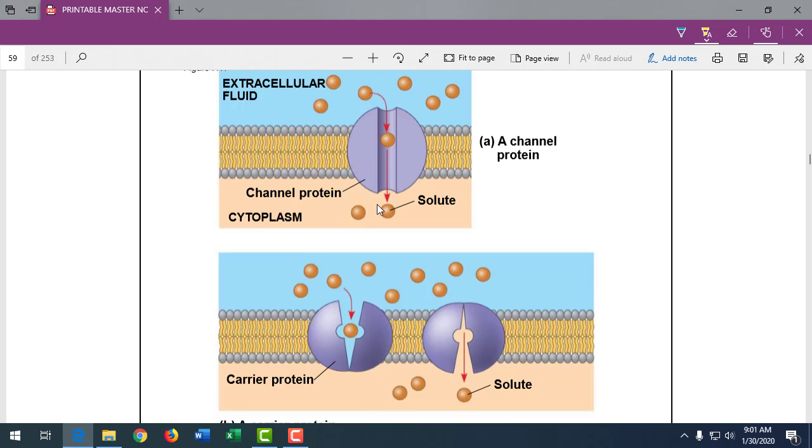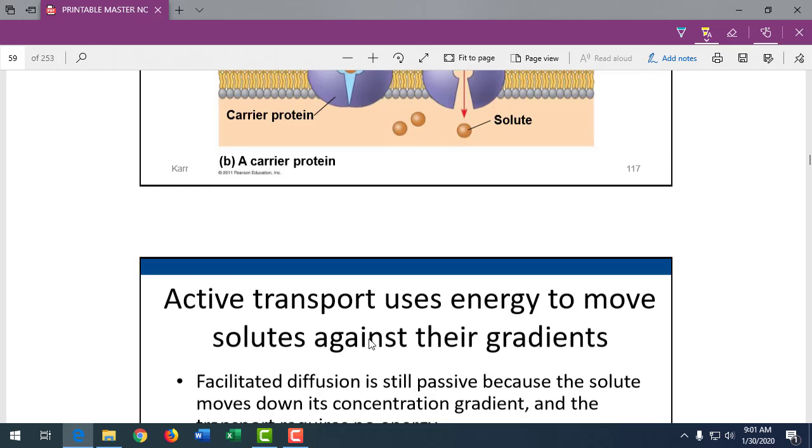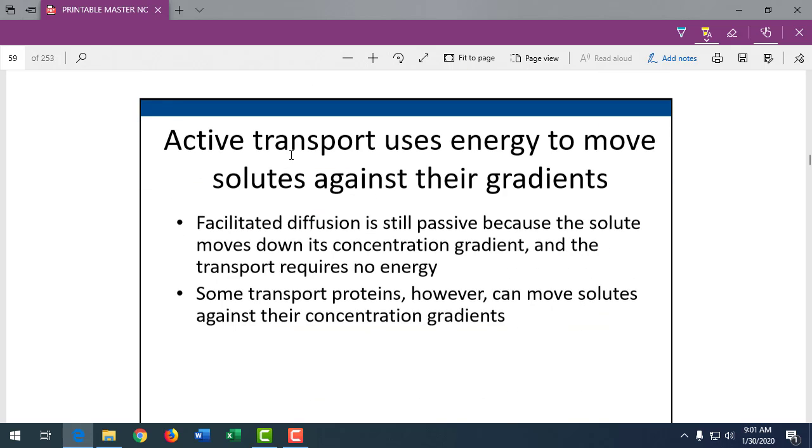So this is just an open door, and this is a carrier protein. So two different proteins, channel protein, carrier protein. Yeah, they are different types of proteins, but the fact that it's high to low means there's no energy needed. It just happens naturally with chemical reactions, not with physical ATP energy. Now, active transport is when we're going from low to high.